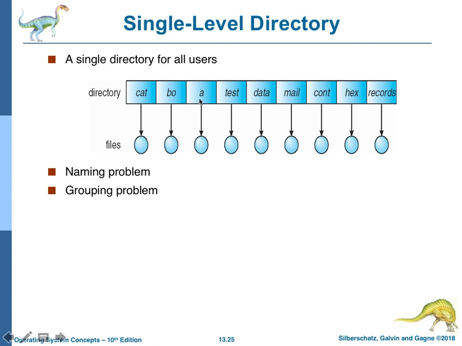We cannot have the same name for two directories. For example, if I want to name another directory A, I cannot, because this is a single level directory. With the naming issues there are also grouping issues: if you want to combine two directories, how can you do this?